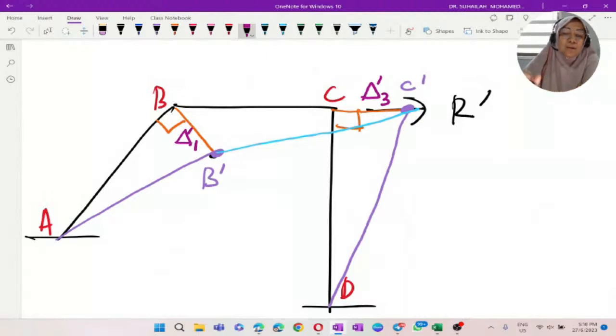Okay, so now the beam also moves to a new position, and from this diagram we can see that there is a vertical displacement, and this vertical displacement actually occurs in beam BC.